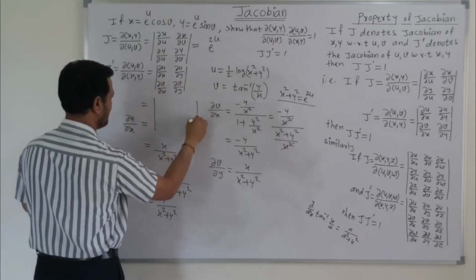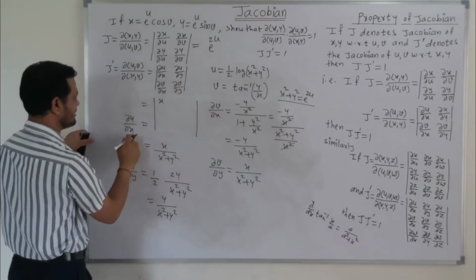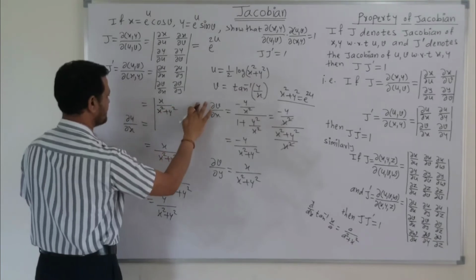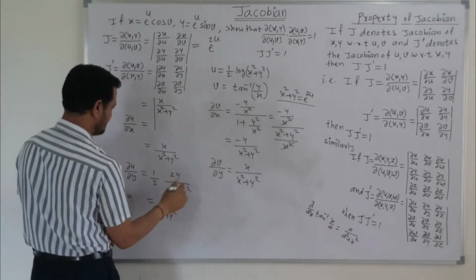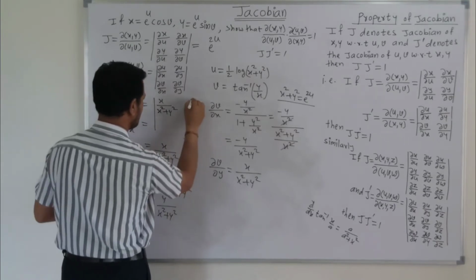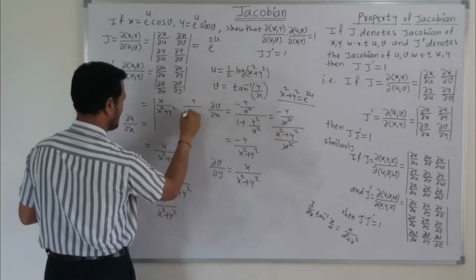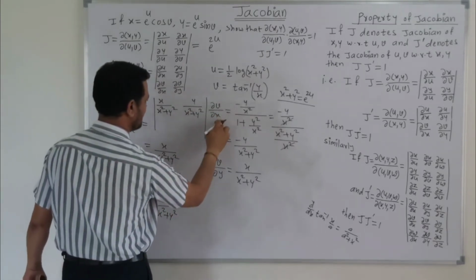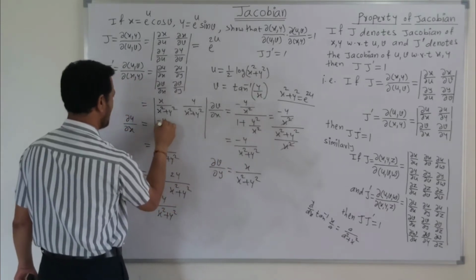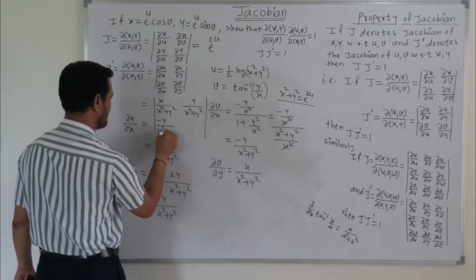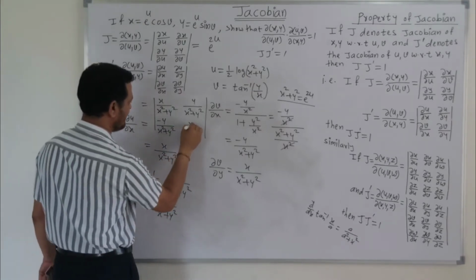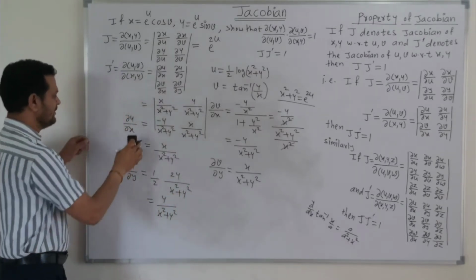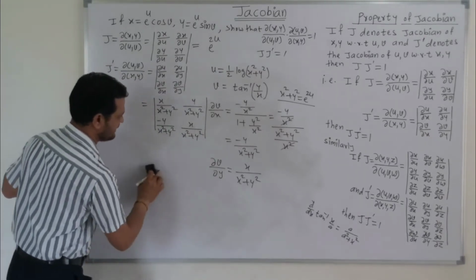The partial derivative of u with respect to x is x upon x square plus y square, then the partial derivative of u with respect to y is y upon x square plus y square, then the partial derivative of v with respect to x is minus y upon x square plus y square, and this is again x upon x square plus y square. In this way we can easily get the value of z dash.